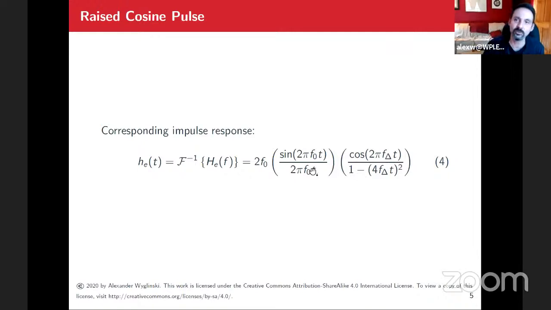It's less intuitive what this looks like. But because this satisfies the Nyquist criterion for zero ISI, if you plot this out, it's going to have zero crossings at every other sampling instant, an integer multiple of Ts, and at the desired sampling instant, it's going to be 1. Okay, so check it out.